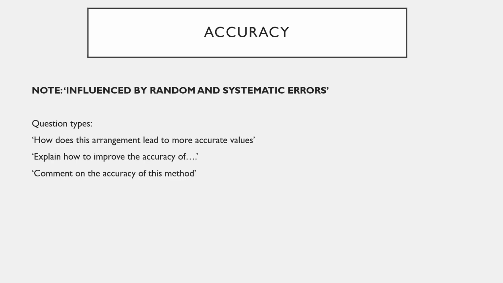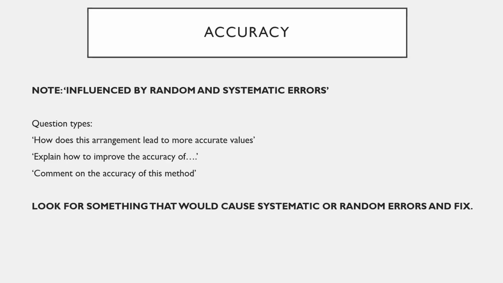Okay, let's talk about accuracy. A lot of the questions in the practical paper will say things like, how does this arrangement lead to more accurate values? Or how would you improve the accuracy of this method? Note again that it is influenced by random and systematic errors. Your job is to look at either the description of the experiment that they give you, or particularly the diagram, because nothing on these papers is put there by accident.